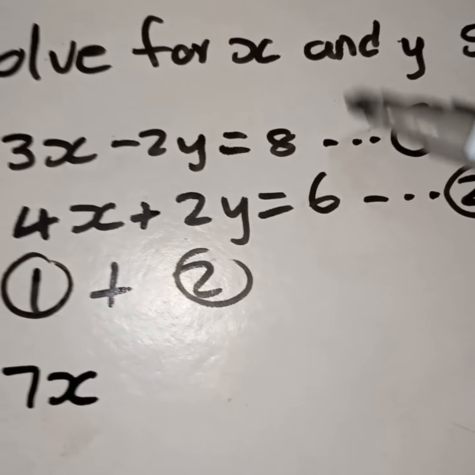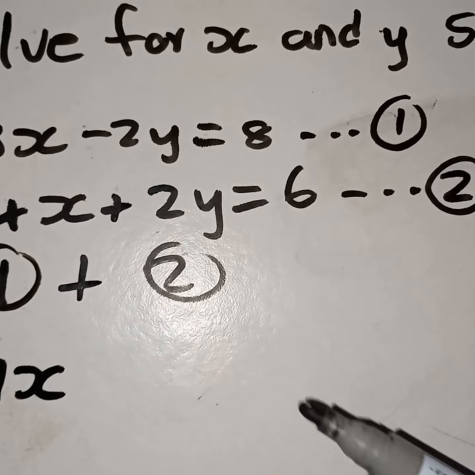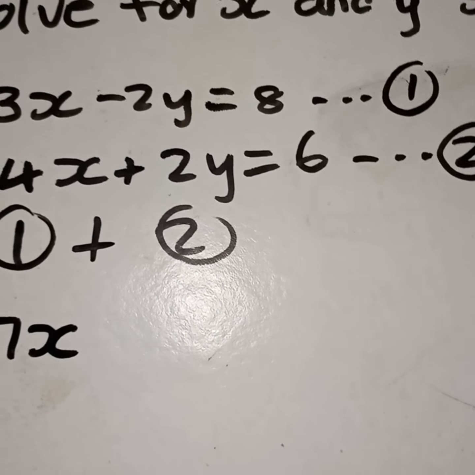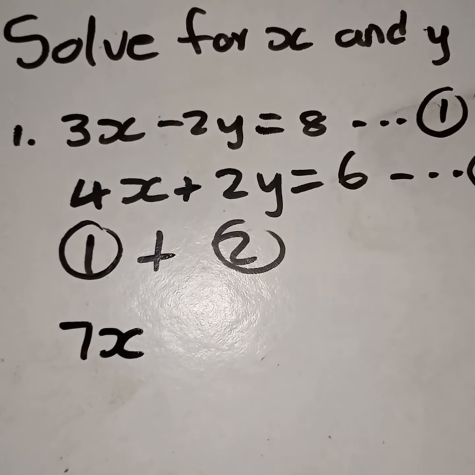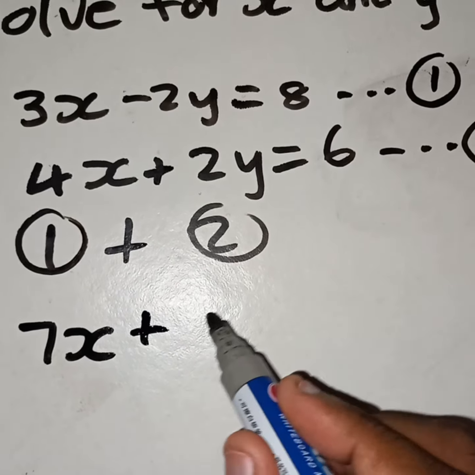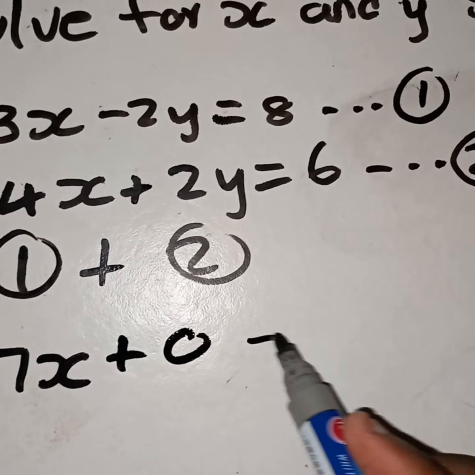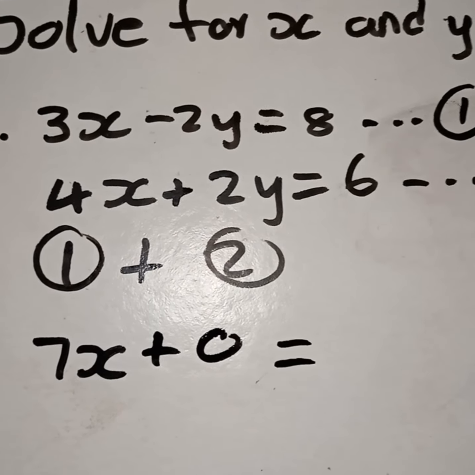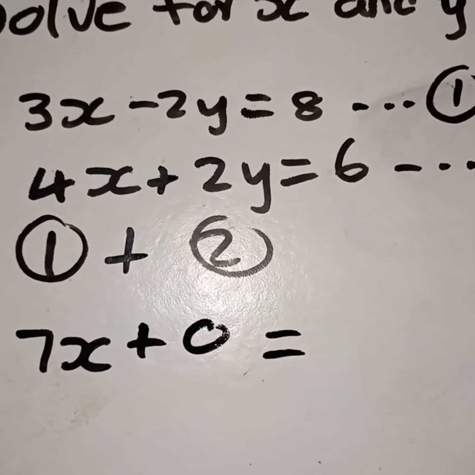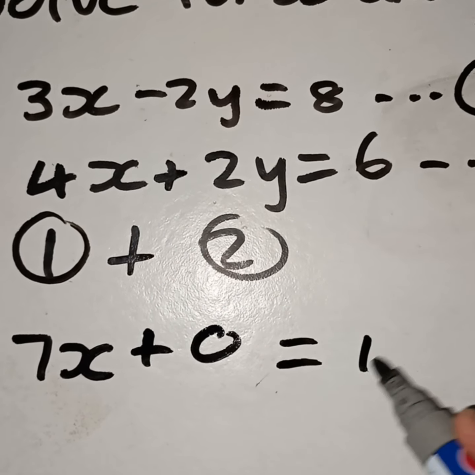Then, minus 2y plus 2y will cancel each other. Then we're left with 0 equals 8 plus 6, that will give us 14.